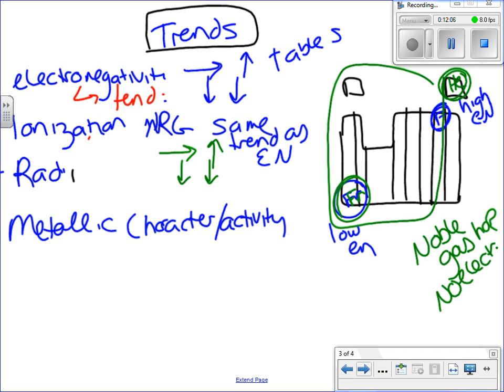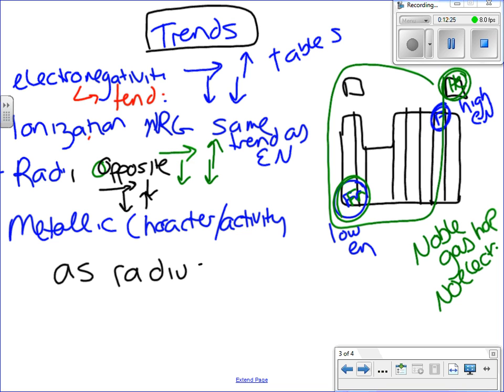Atomic radius is the opposite. Let's use a different color, okay? Atomic radius is the opposite. As you go across a period, it goes down, and as you go down a group, it goes up, okay? So as your radius goes up, ionization energy and electronegativity go down.